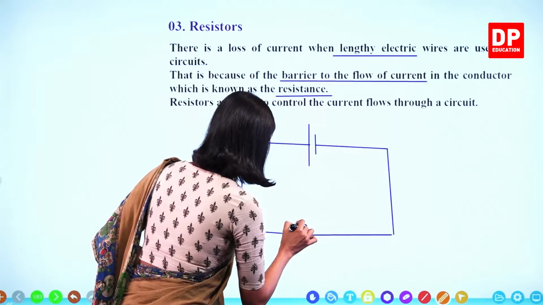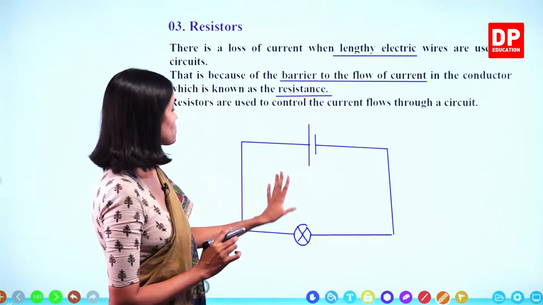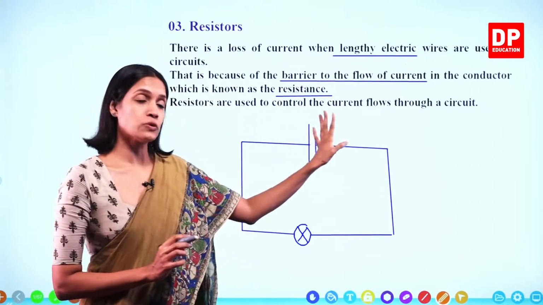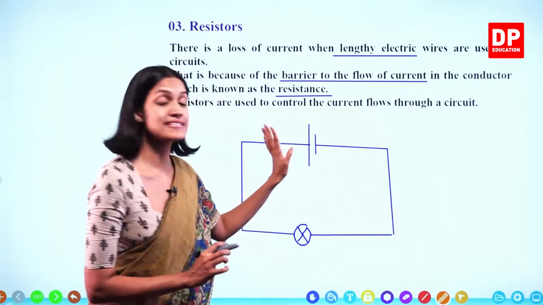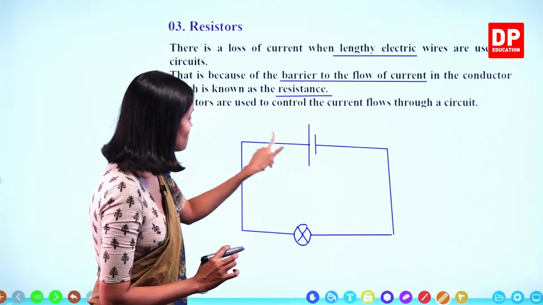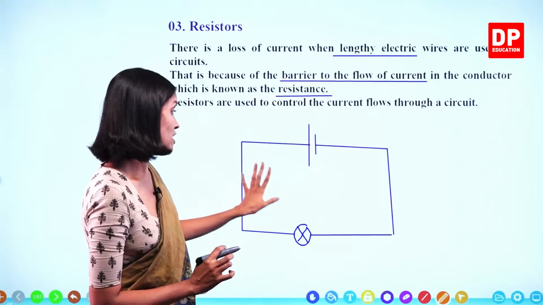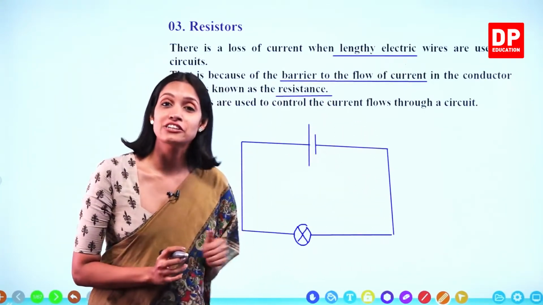So if you connect a bulb like this, this is a circuit. So this is a closed circuit. Electricity flows through this circuit from the positive to the negative terminal of the cell. So this is the cell, this is a bulb, these are connective wires. So far we learned about how to make circuits. Therefore, now you have an idea what these connective wires are.